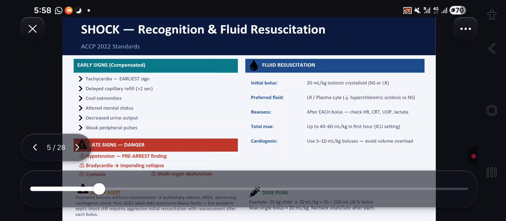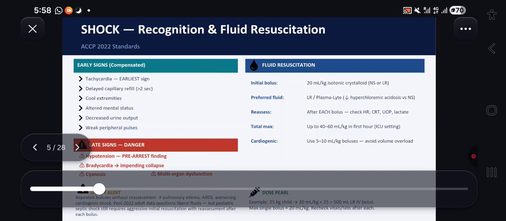So after each bolus I need to reassess the patient through heart rate, capillary refill time, urine output, and lactate to confirm that circulation improved without fluid overload risk.